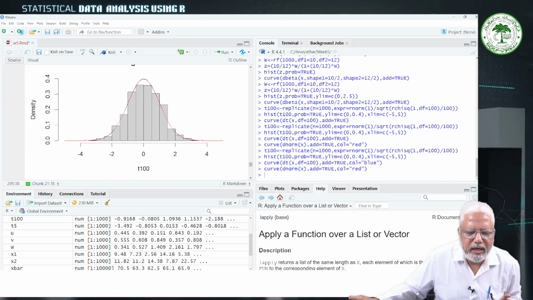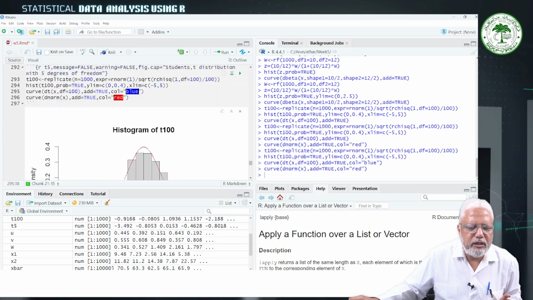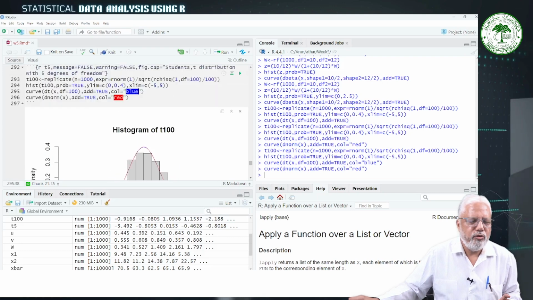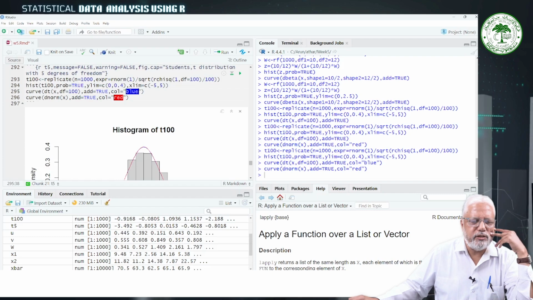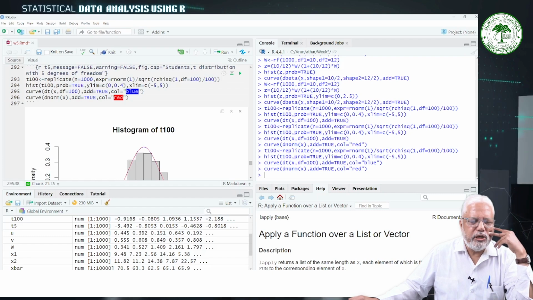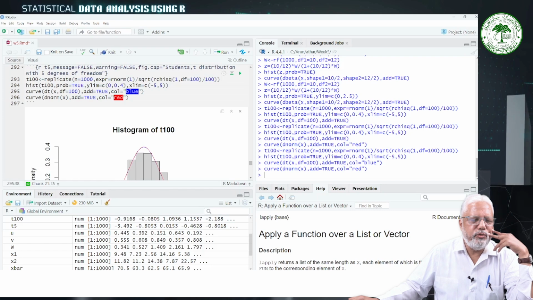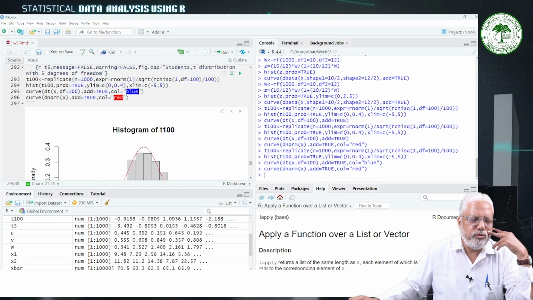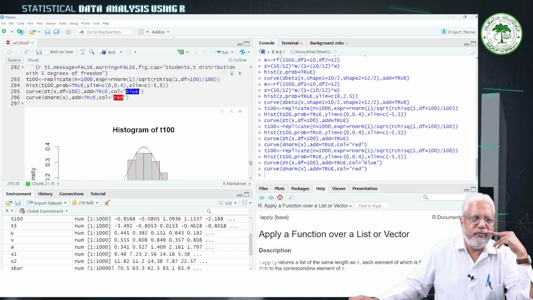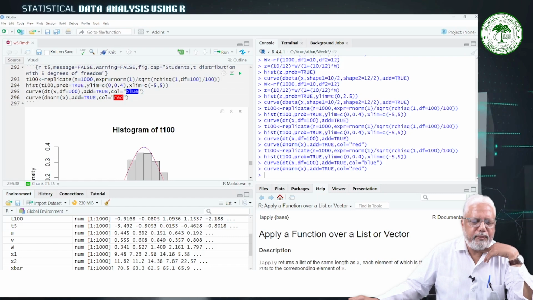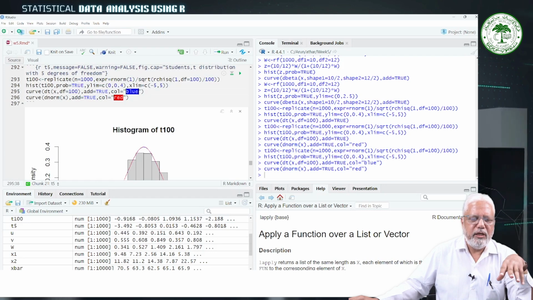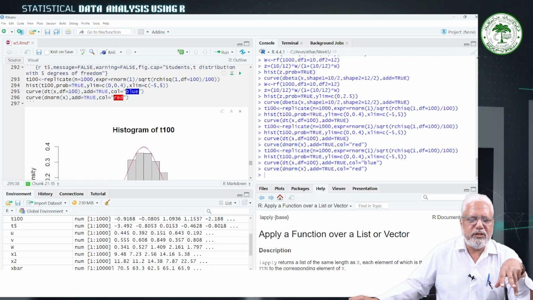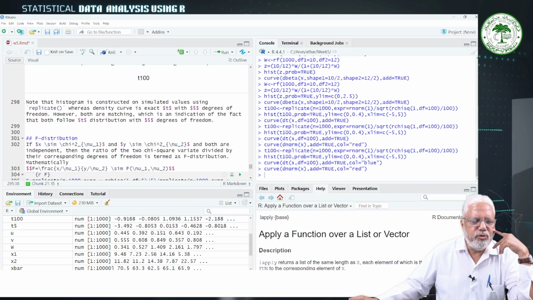Both are matching. It is very difficult to distinguish them. And this is an excellent result of the theory, and that theory says that if n tends to infinity, T distribution can be approximated well by a normal distribution. So here this result we are proving through simulation.